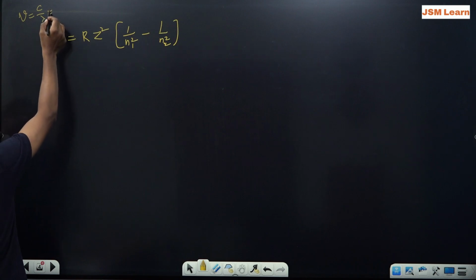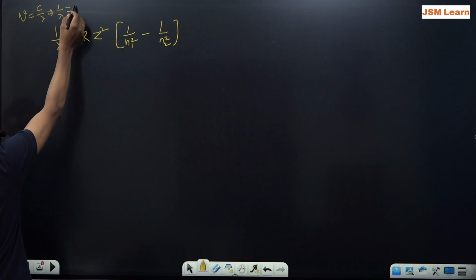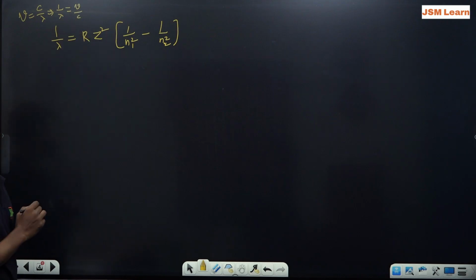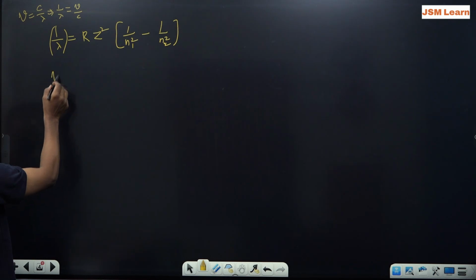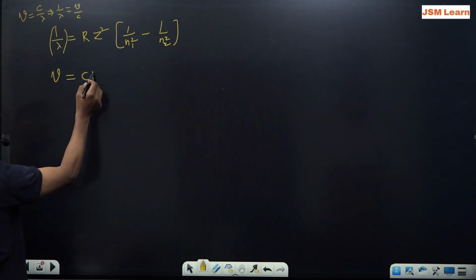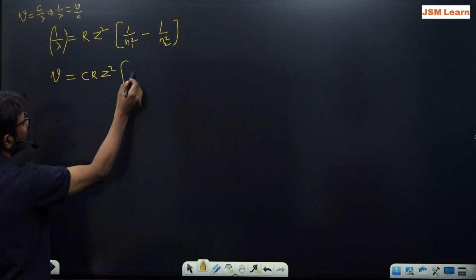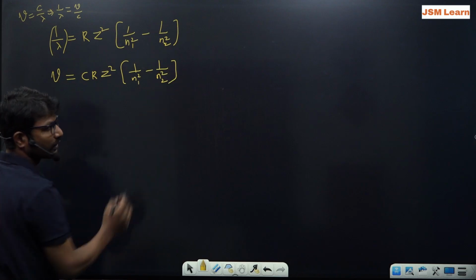So 1 by lambda can be written as nu upon c. In place of 1 by lambda, I am writing nu upon c, so we can write nu is equal to c into R Z square into 1 upon n1 square minus 1 upon n2 square.